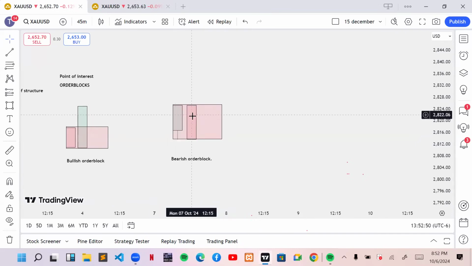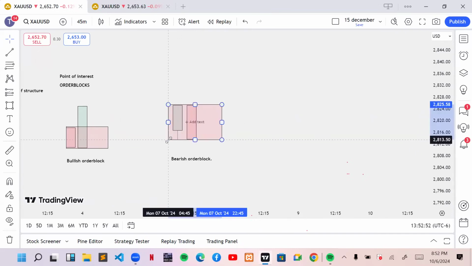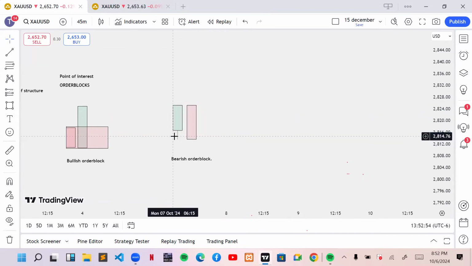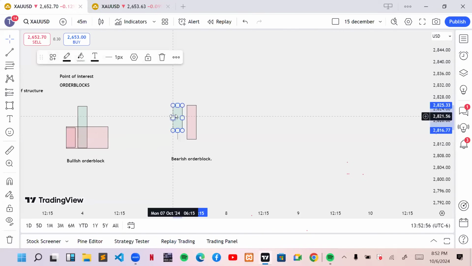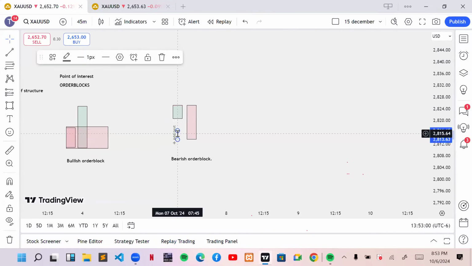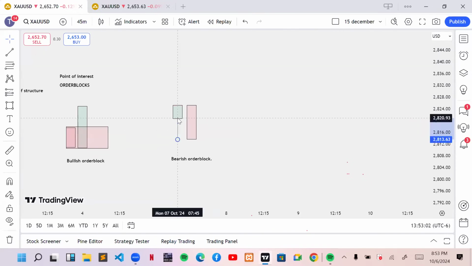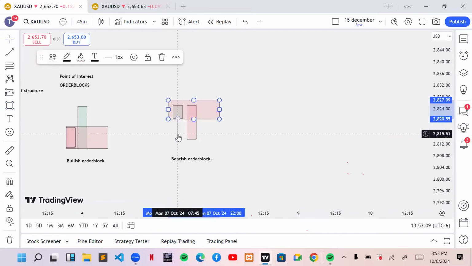But in a situation where the body is smaller and the wick is longer, pick your entry from the body. So if the wick is longer and the body is smaller, pick your entry from the body. But if the wick is smaller and the body is bigger, you pick your entry from the wick. That's just it.